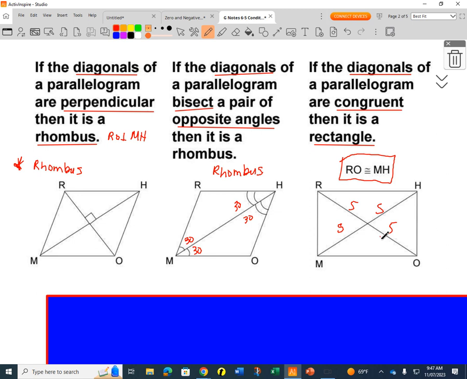It is a rhombus, it is a rectangle, but more specifically, it is what? It's a square, right? So if the diagonals are congruent, and the diagonals are perpendicular, now we know that the one parallelogram that both of those things are true for is a square.